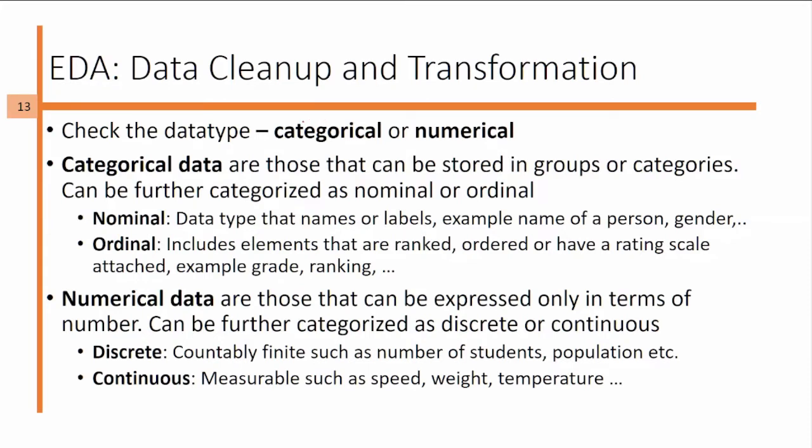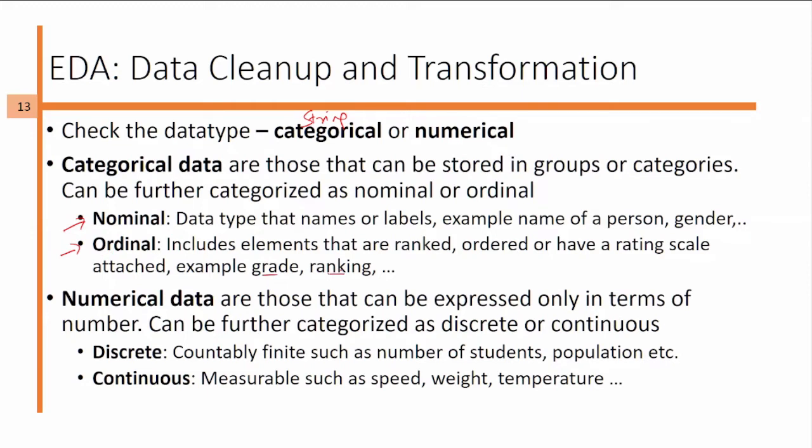Categorical basically means that the data is of string type, like a name. And numerical is a number. If you look at categorical, it can again be nominal or ordinal. Nominal means things like the name of a person or gender. And ordinal means there's some ordering, like grades or ranking.